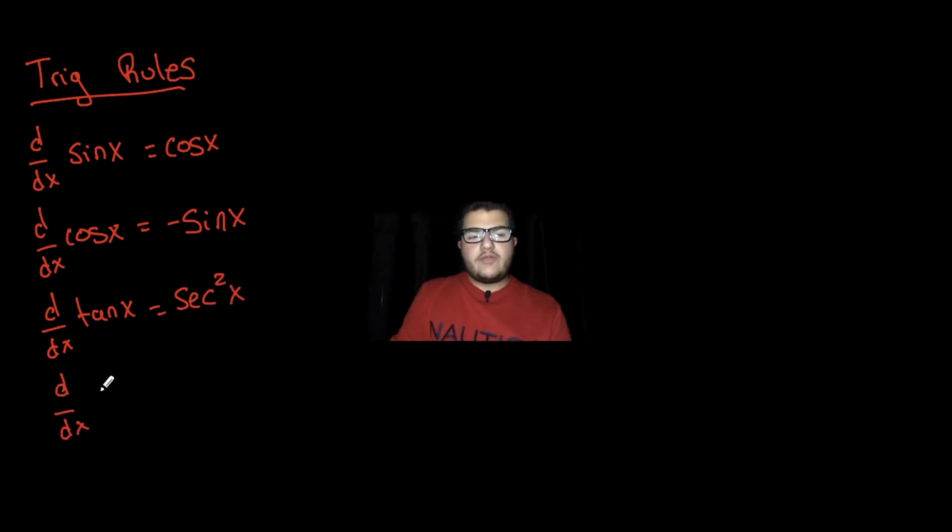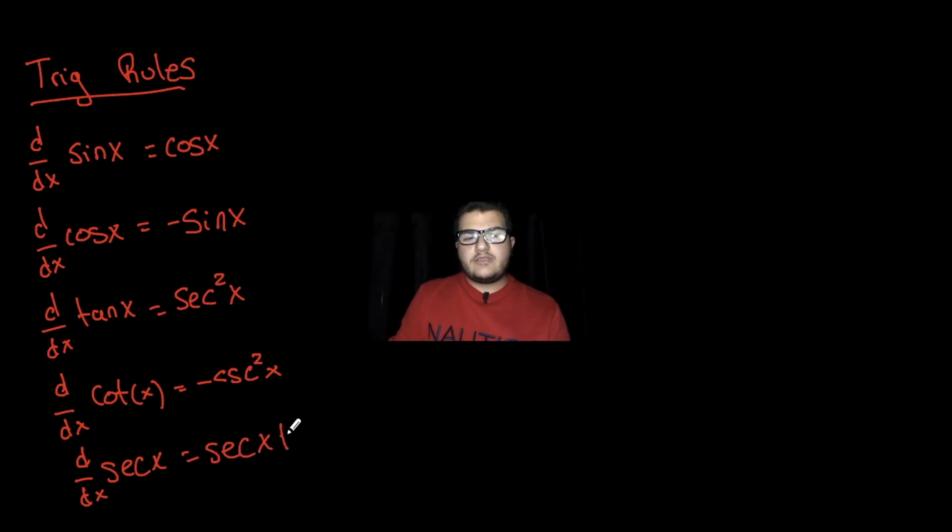The derivative of cotangent x is negative cosecant squared x. The derivative of secant x is secant x tangent x. Make sure you put the x in between secant and tangent. And lastly, the derivative of cosecant x is negative cosecant x cotangent x.